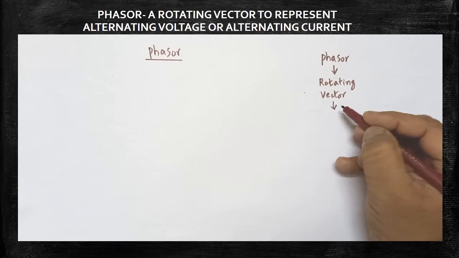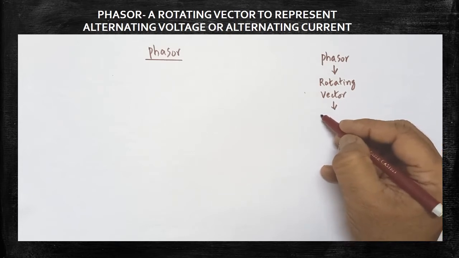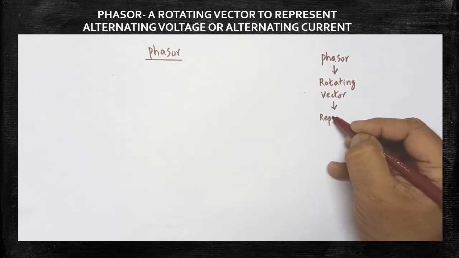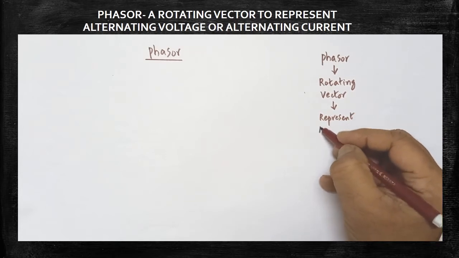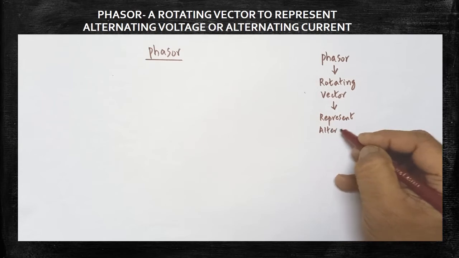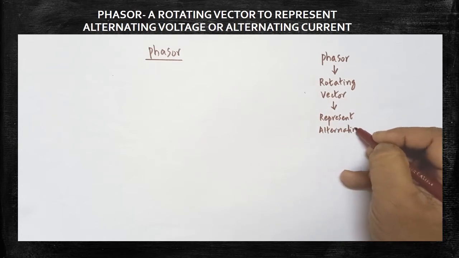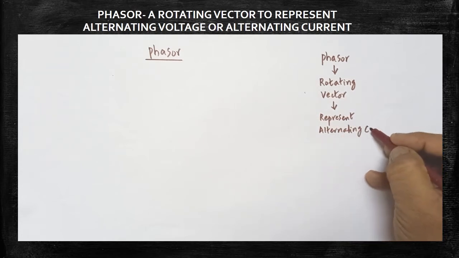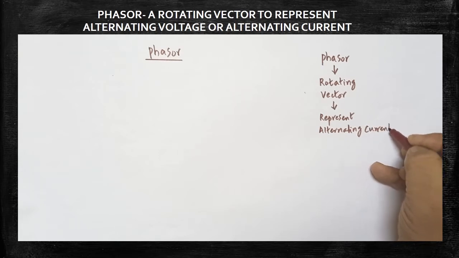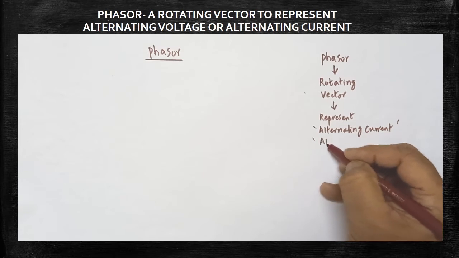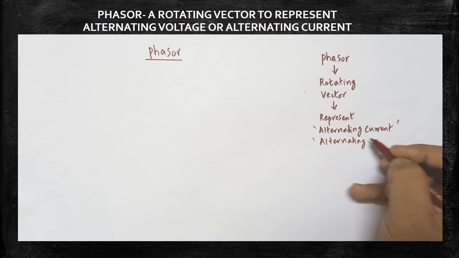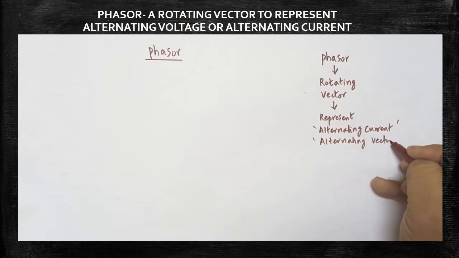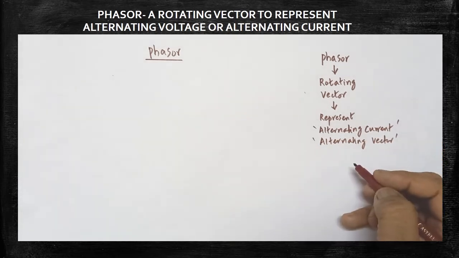This rotating vector is used to represent alternating current and voltage. Both alternating current as well as alternating voltage can be represented by this rotating vector.